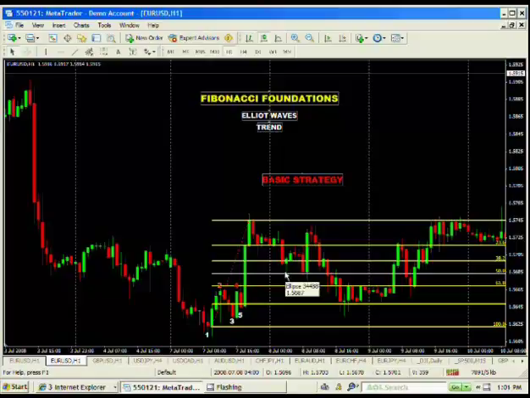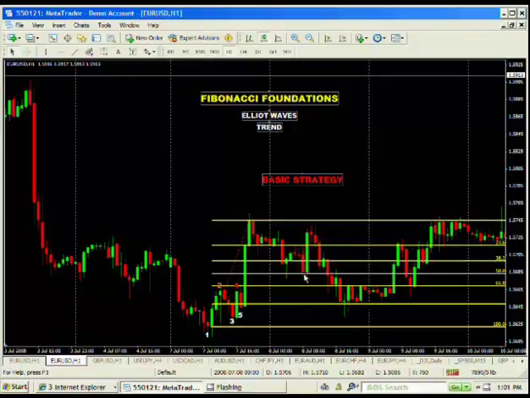And if we buy here, we get a nice bounce back up, probably about a 40-50 pip bounce. We come back down, we bounce off of 50% again and get another nice bounce up. Looks like about 80 to 100 pips.